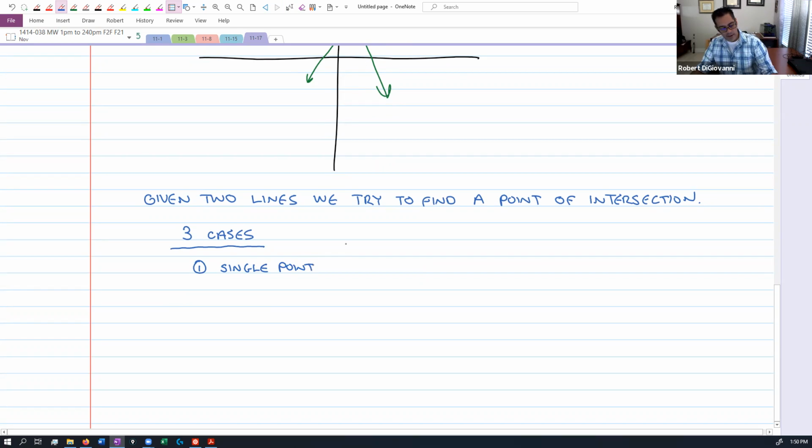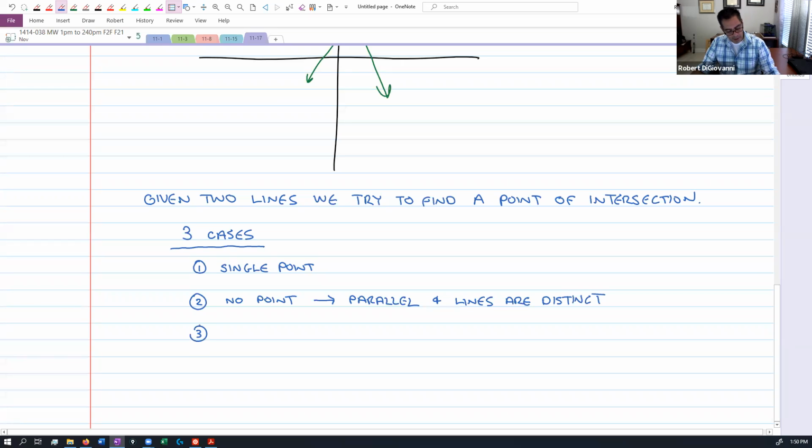Second case, there's no point of intersection. This would happen if the lines were parallel to one another and the lines are what we call distinct, meaning they're different lines.